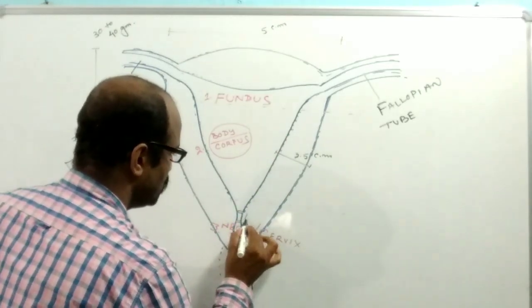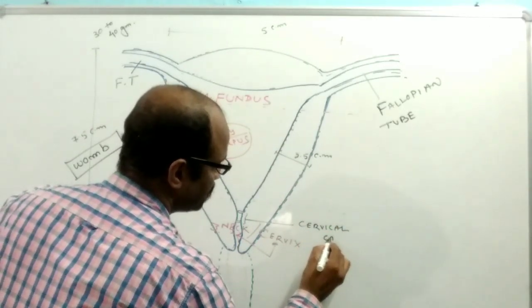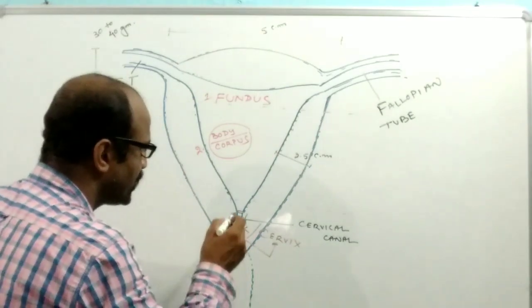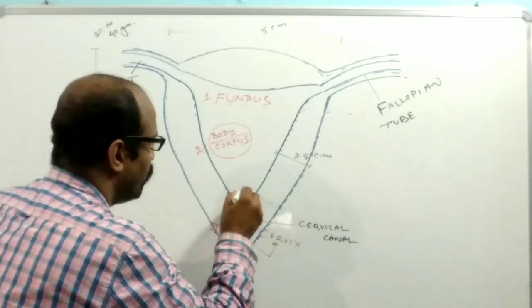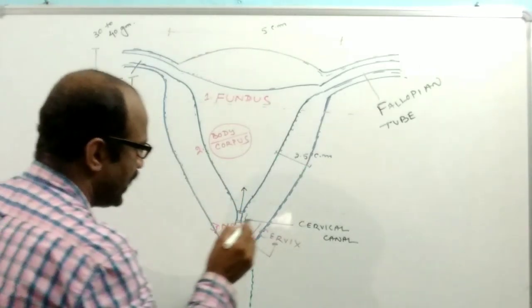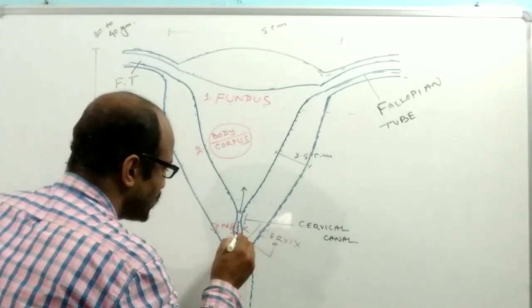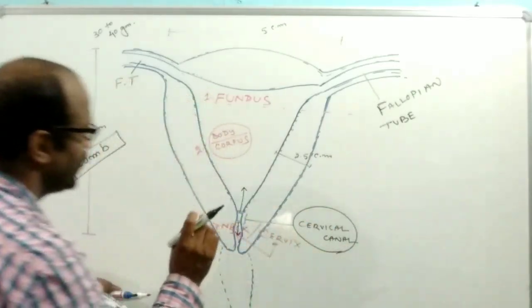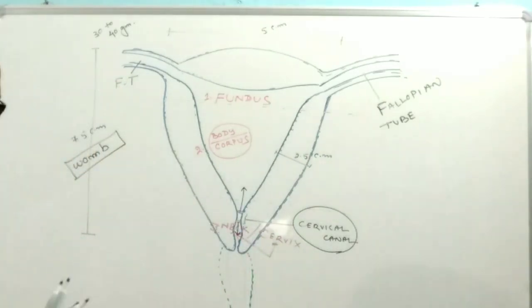The cervical canal communicates with the body of the uterus on the upper side and with the cervix on the lower side. So the cervical canal lies between the body of the uterus and the cervix.